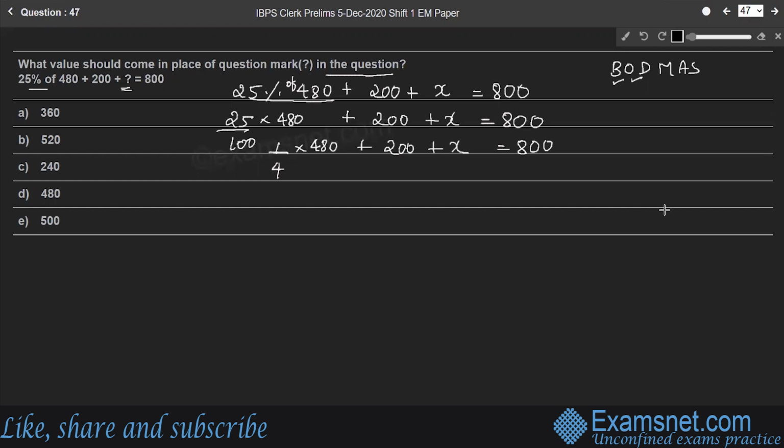So 1 by 4 into 480 is 120 plus 200 plus x is 800. Therefore, x is equal to 800 minus 320. Right? So which is equal to 480. Therefore, the value should be 480. So in place of question mark, it is 480. Option D.